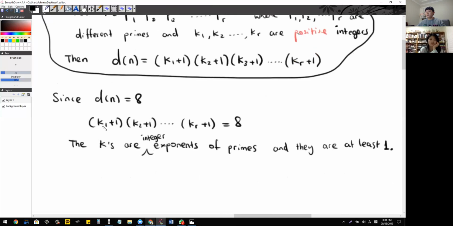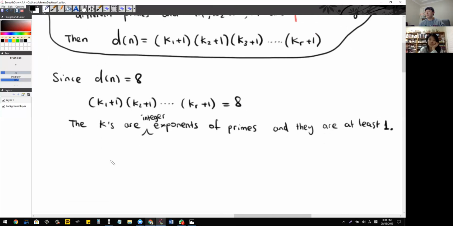Now, we need to figure out a way to get 8, okay? So one way is, possibility 1, you can have 7 plus 1. And then would it be 3 plus 1 times 1? You cannot have 6 plus 1 times something, it is not 8, right?